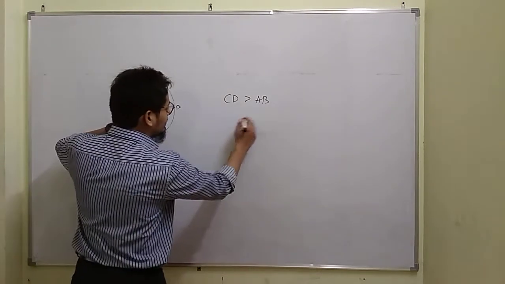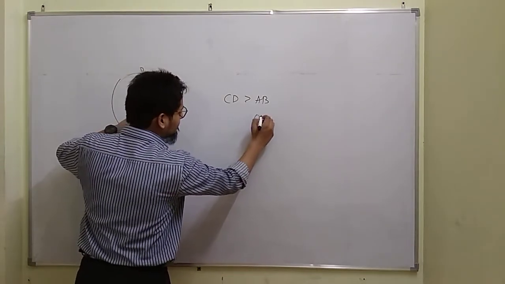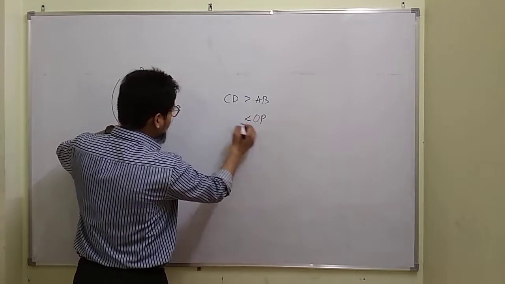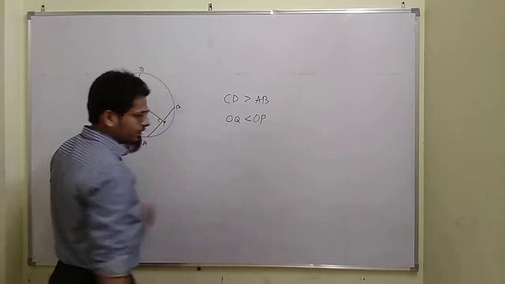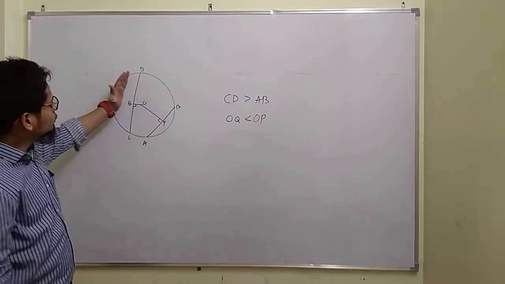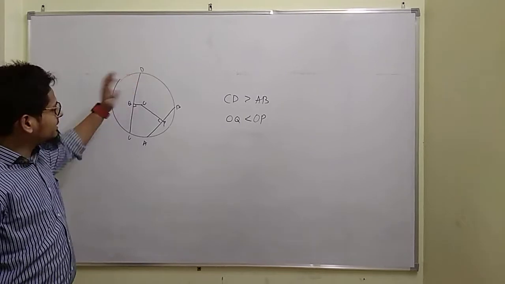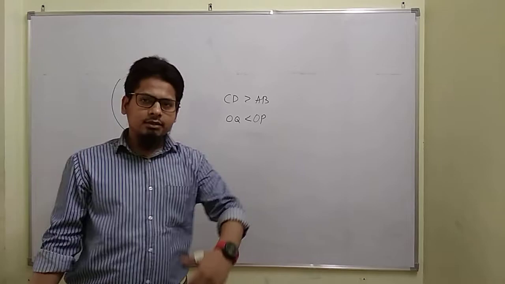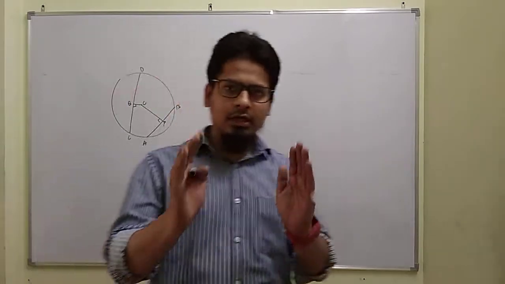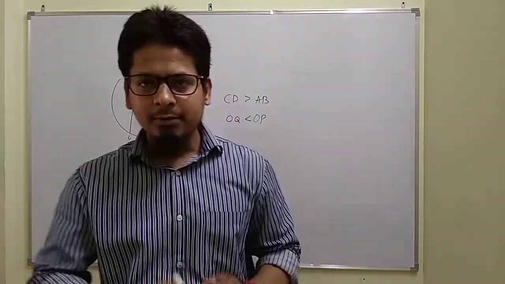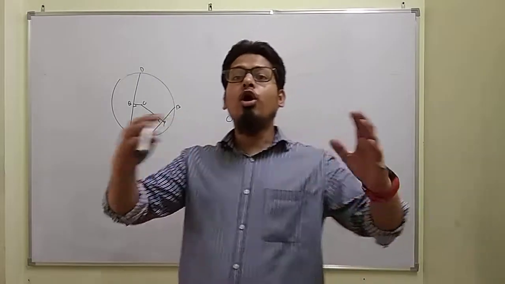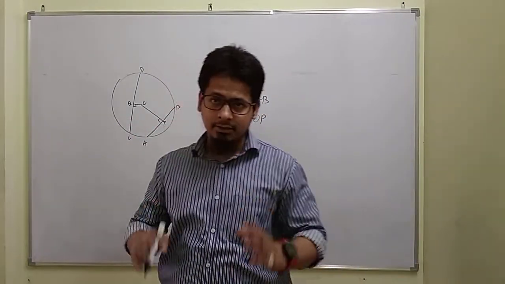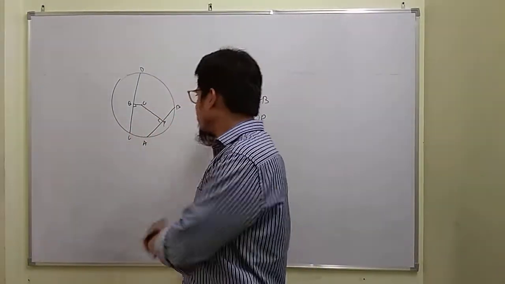We observe here that OP is more than OQ. So you see that the chord which is longer has the smaller distance, and the chord which is shorter has the larger distance. The longer chord has a shorter distance from the center and the shorter chord has a longer distance from the center. Is it clear? This is all we have observed here.